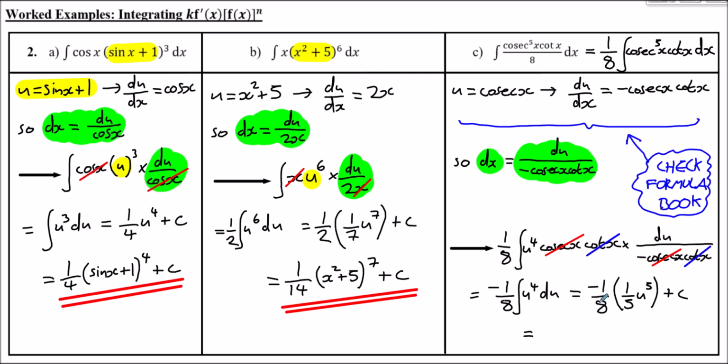Finally, just simplify. 1/8 of a fifth is a 40th, so it's minus 1/40th, because of that minus sign. u, which is cosec x to the power 5, so it's going to be cosec 5x plus c.